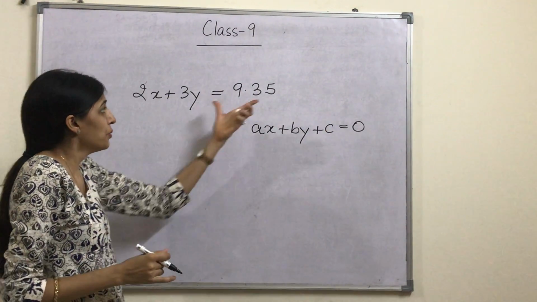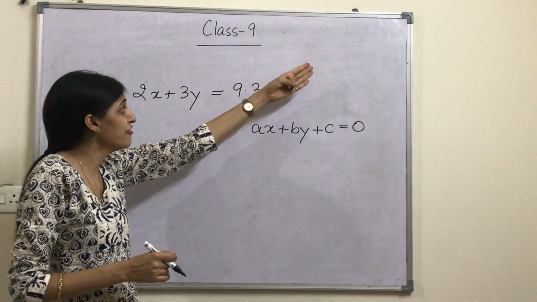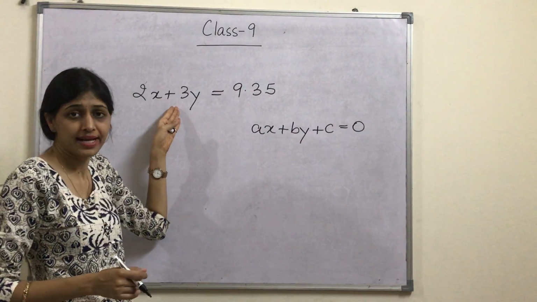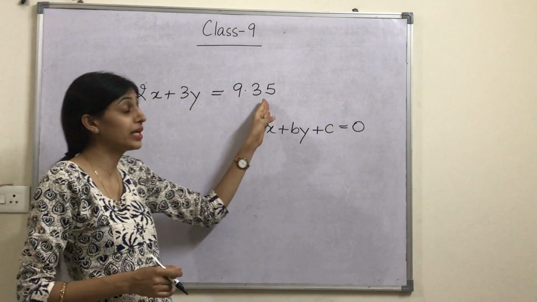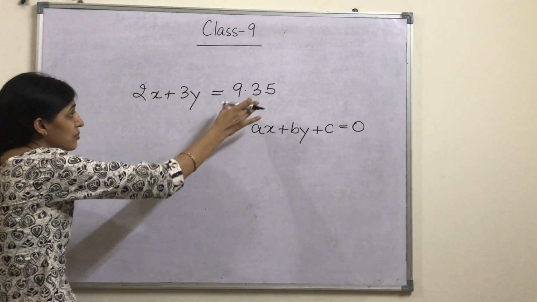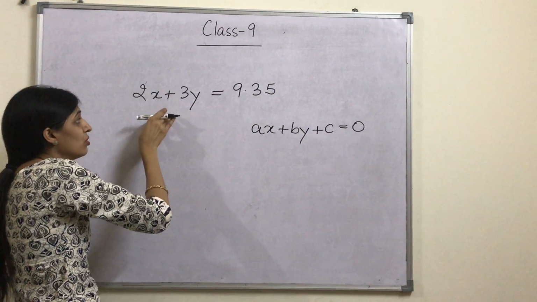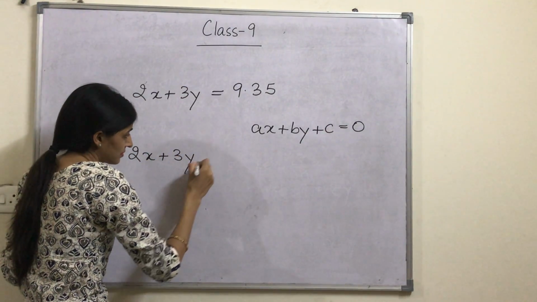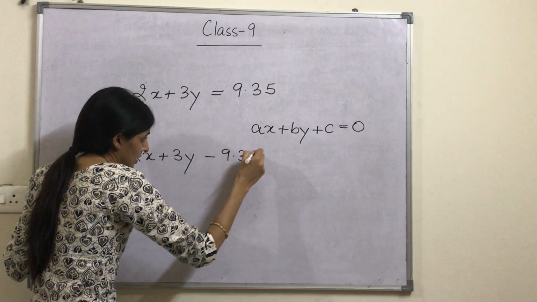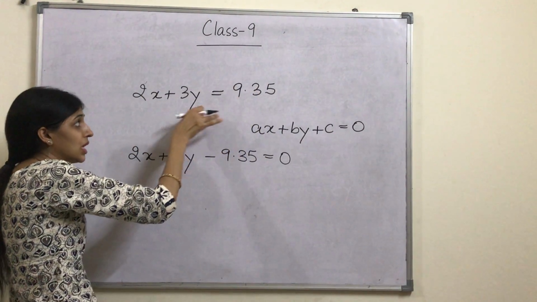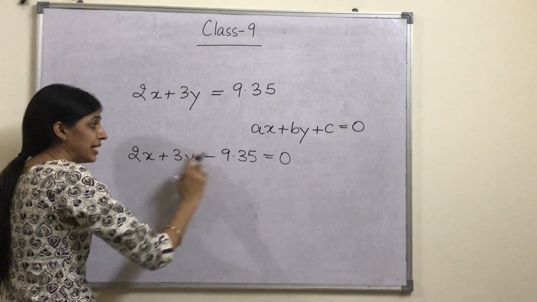That means we have to take everything from the equal to sign to the left hand side and keep a 0 on the right hand side. So when we move this to the left hand side, it becomes negative, because when a positive changes its side, it becomes negative.